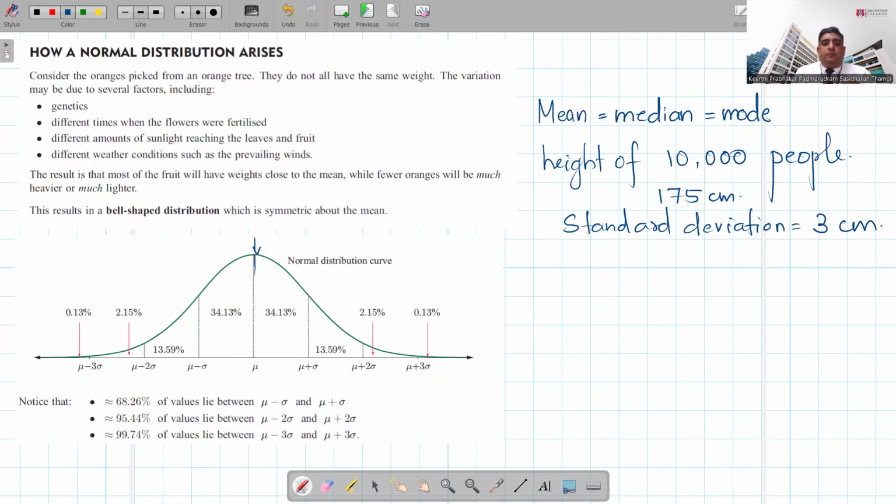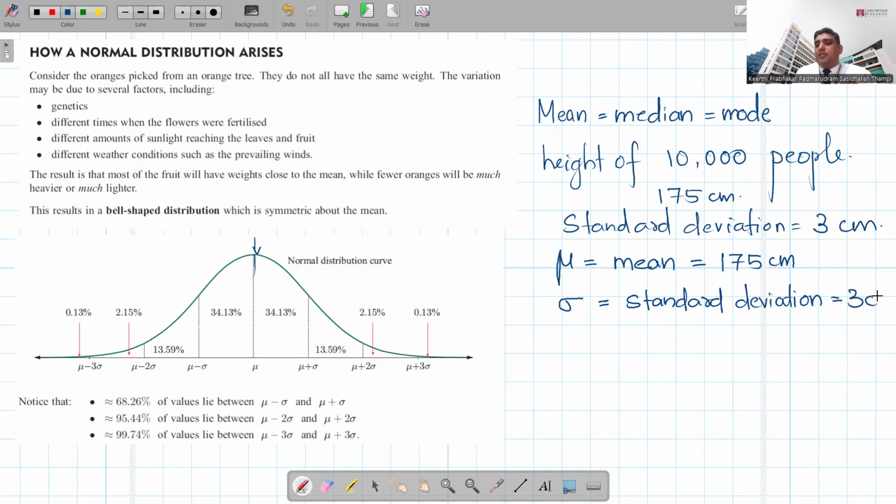So this is mu, which means mean, equal to 175 centimeters, and this means standard deviation, which is equal to 3 centimeters.